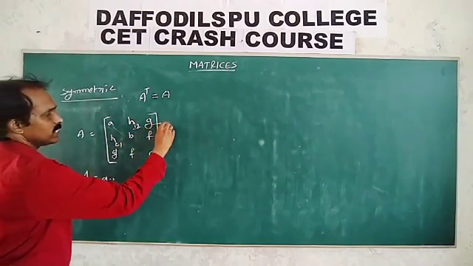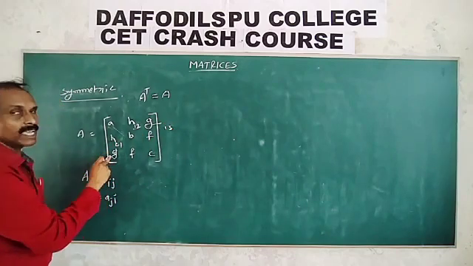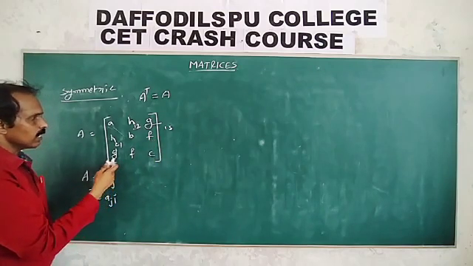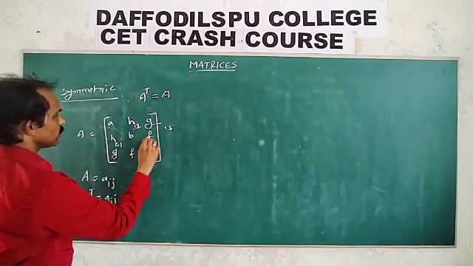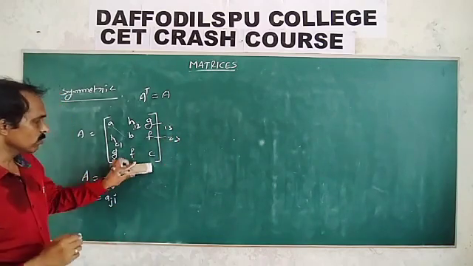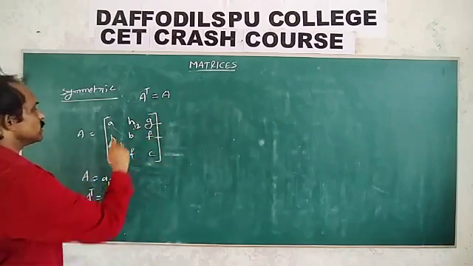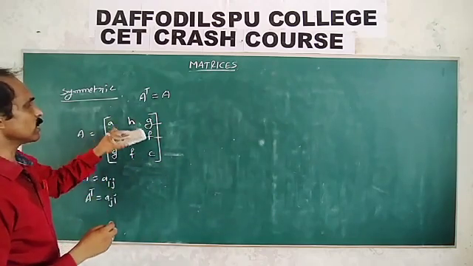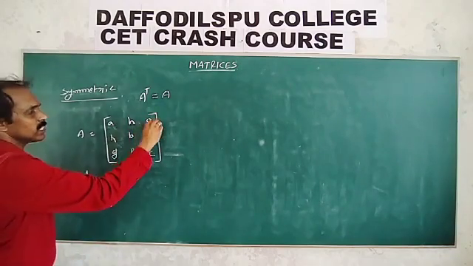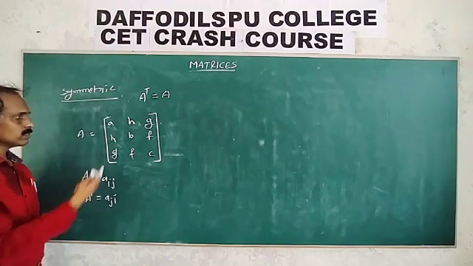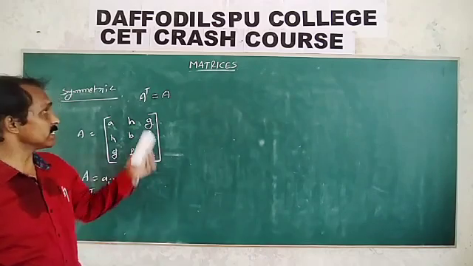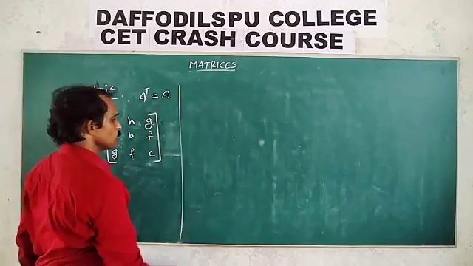Similarly G is A13 and A31, and F is A23 and A32. So remember, the matrix is symmetric about these elements. If you take the transpose, you get the same matrix. So a matrix is said to be symmetric if A transpose is equal to A. Next, skew symmetric matrix.